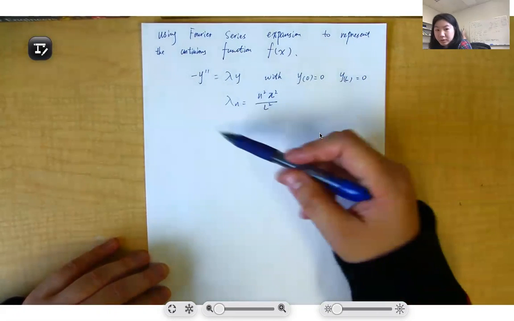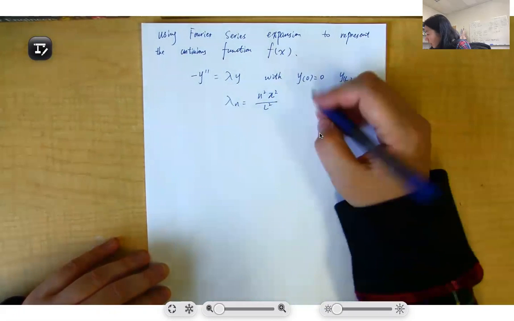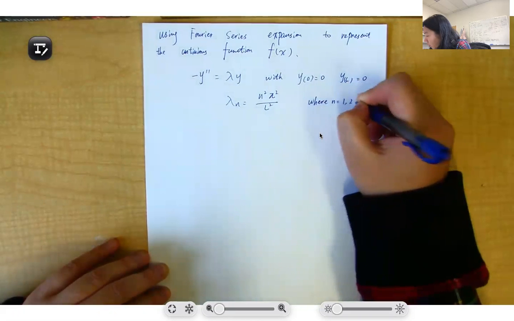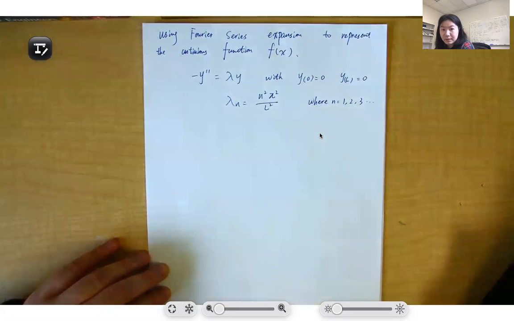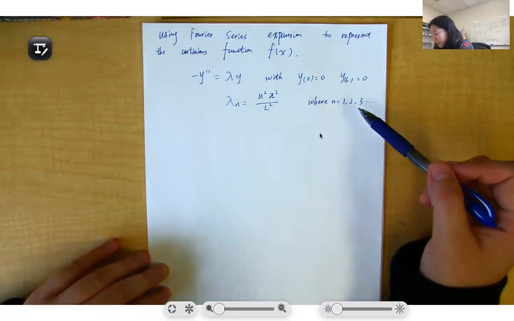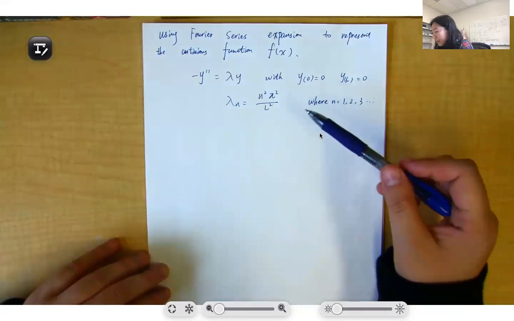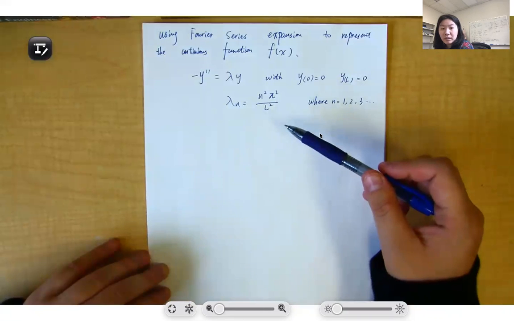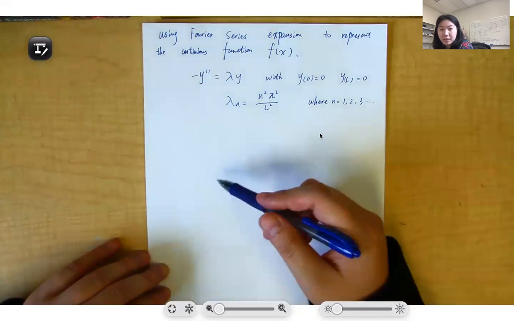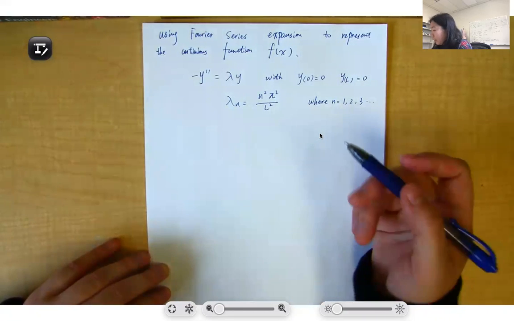This eigenvalue is a positive number where n equals 1, 2, 3 until infinity. And this is infinitely many eigenvalues. Each eigenvalue will correspond to eigenvectors, so it will have infinitely many eigenvectors as well.